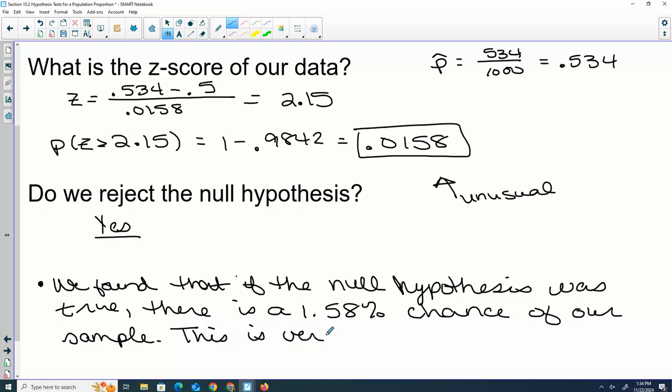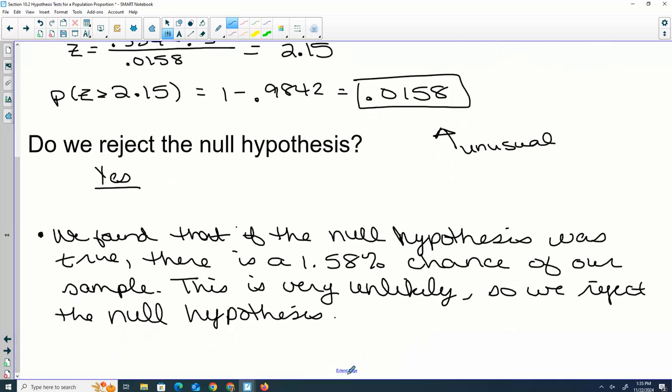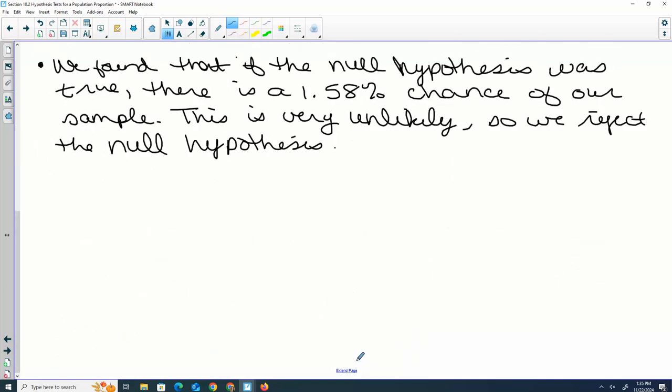This is very unlikely. So we reject the null hypothesis. There is a 1.58% chance that we found a sample where 0.534 agreed.